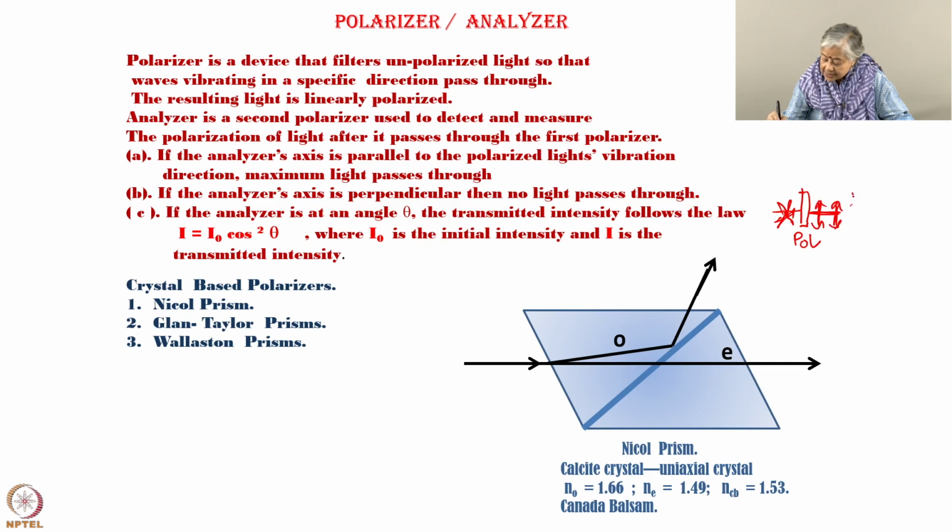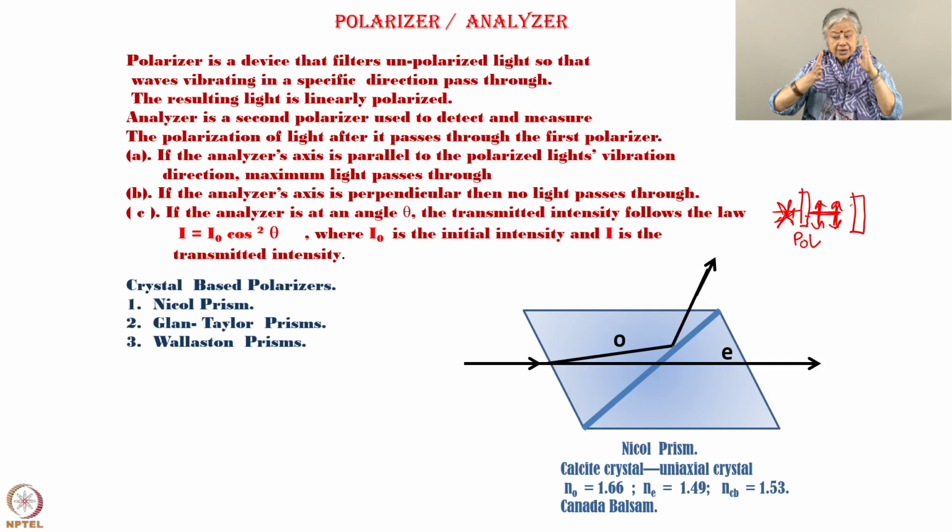Then after that I just place another polarizer, which is exactly this. Basically I have two polarizers with me, and I have this light which is unpolarized. So first I polarize the light, and then I try to see have I really polarized it or not. So you can have two polarizers like this, and the second one you keep rotating, whichever way.